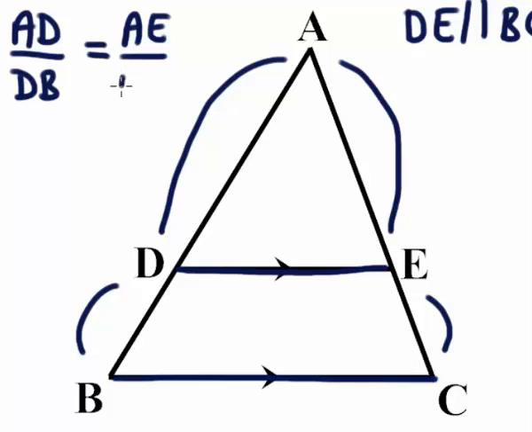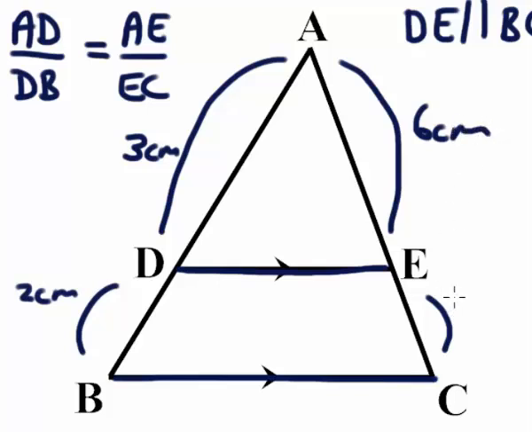A classical example of this would be, for example, if this was 3 centimeters, and there was 2 centimeters, and this is going to be 6 centimeters, and that's going to be 4 centimeters. You'll notice that AD over DB would be 3 centimeters over 2.